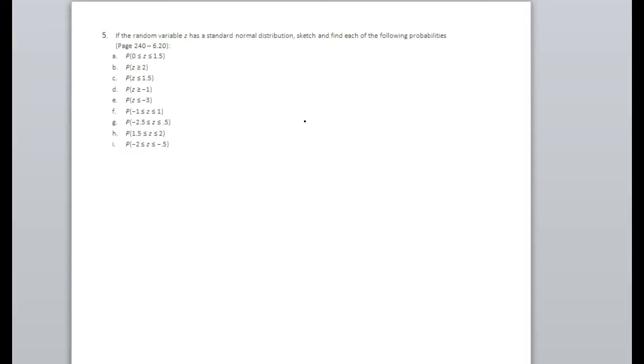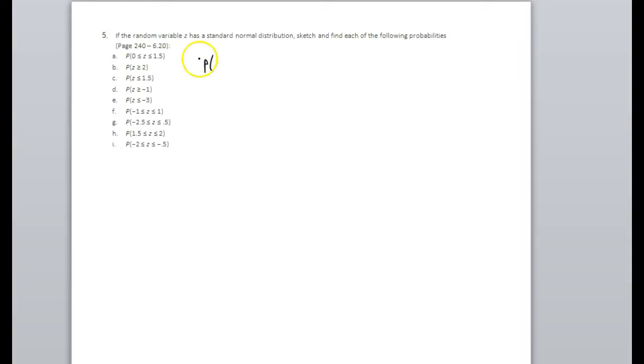I'm going to do a few of these, and then I'll let you guys do the rest of them, because there are a lot here, and I don't think we need to do 9 of them. Okay, so A is saying find the probability of 0 is less than z is less than 1.5. And all that's saying is what's the probability that z falls between 0 and 1.5.